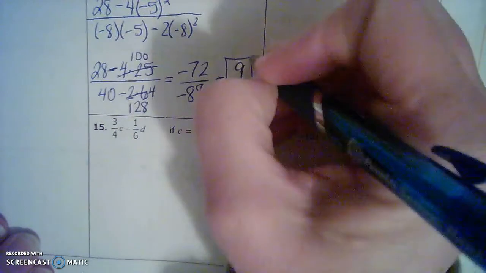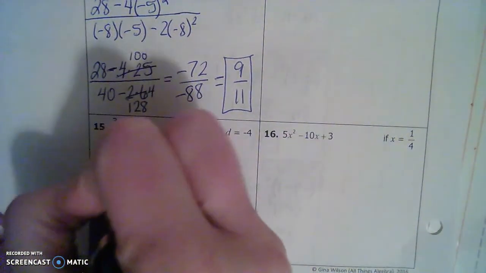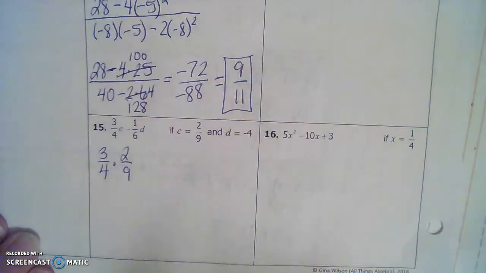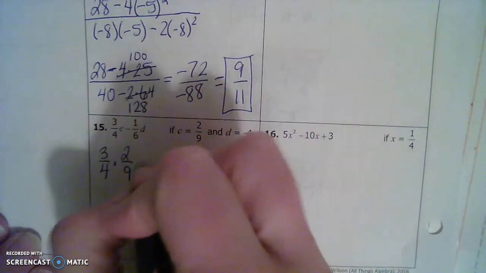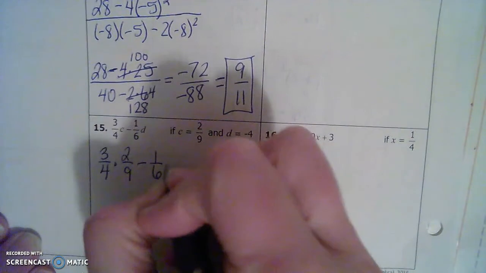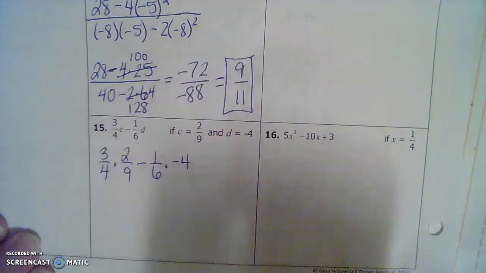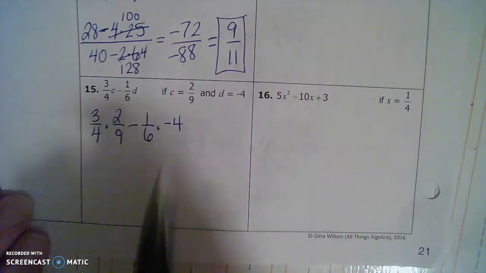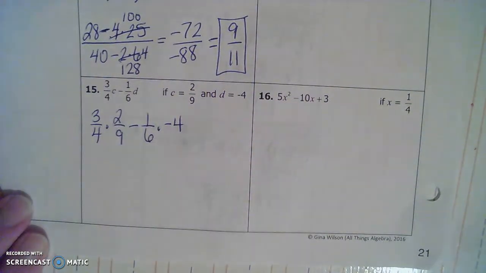Finally, our last one deals with fractions. 3/4 times 2/9 minus 1/6 times negative 4. Again, if you want to put parentheses instead, you can do that. You can also put over 1 if you want to think of it as a fraction.